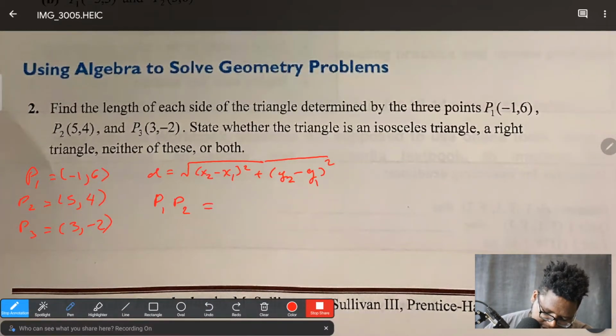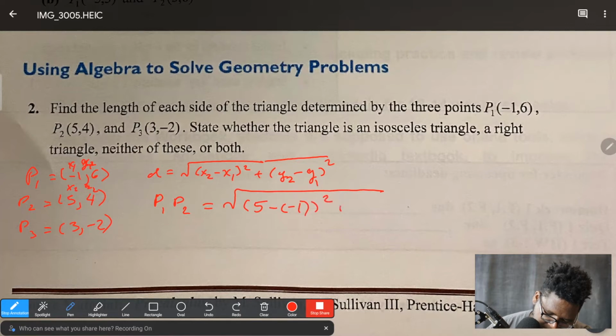I'm going to say, okay, I got a square root of, all right, I'm going to make this x1, y1, and this x2, y2. So I'll do 5 minus -1 squared plus y2 minus y1, so y2 is 4 and y1 is 6.